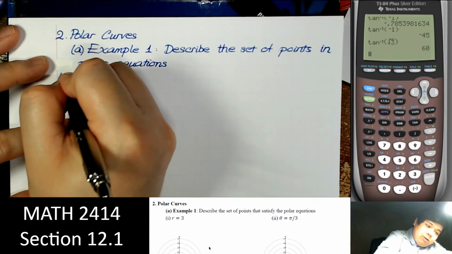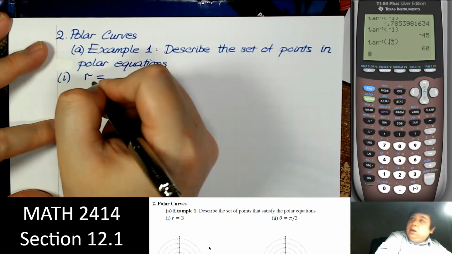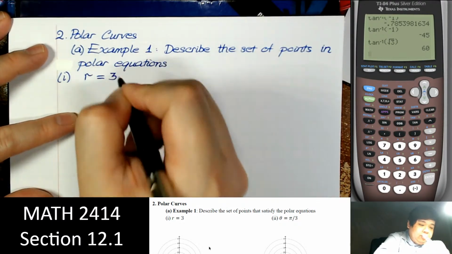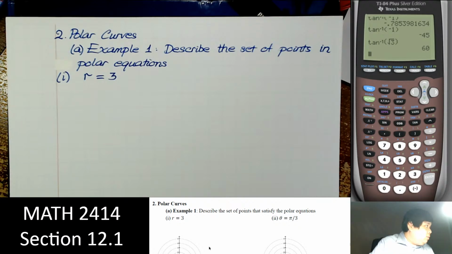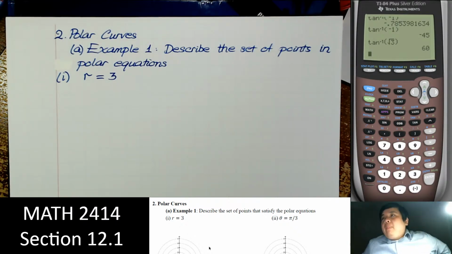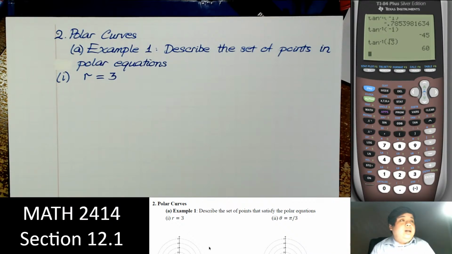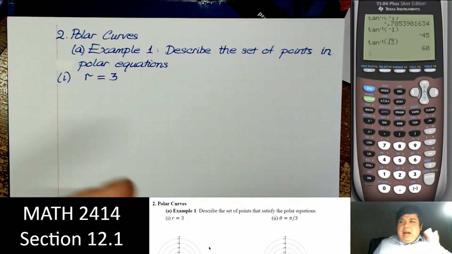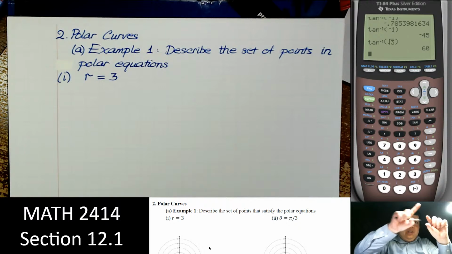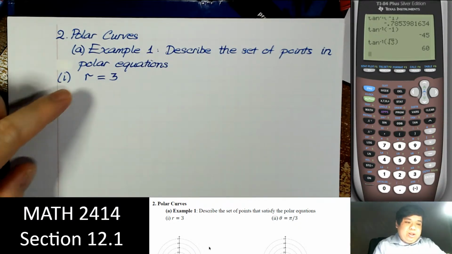Right, first example, we have r equal to 3. That should be easy. The radius equal to 3, so it's just a circle. Radius equal to 3, right?